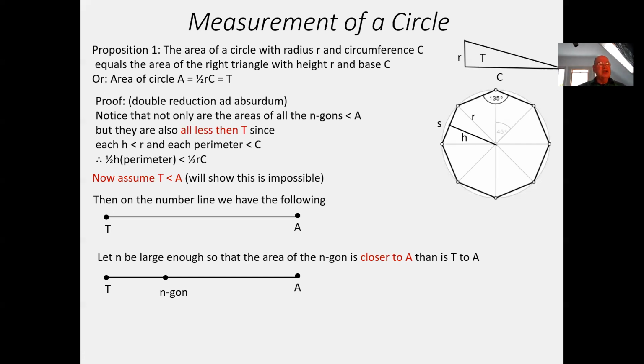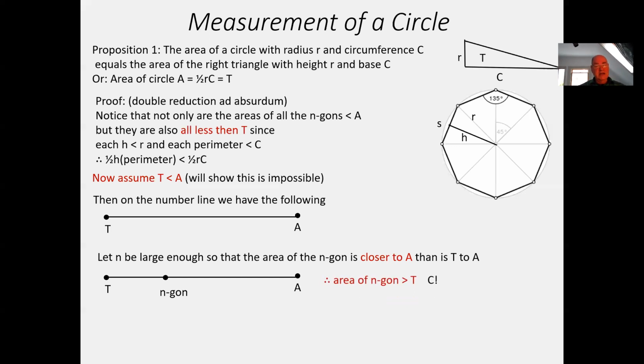All of the n-gons are also less than the triangle. You can't put an n-gon in between T and A. But once you make T less than A, you're giving me room to get closer to A than T. Once you've given me room to get a place in between T and A, I'm going to give you an n by the previous argument, which is in between. And that's impossible. So there is no way for T to be less than A.